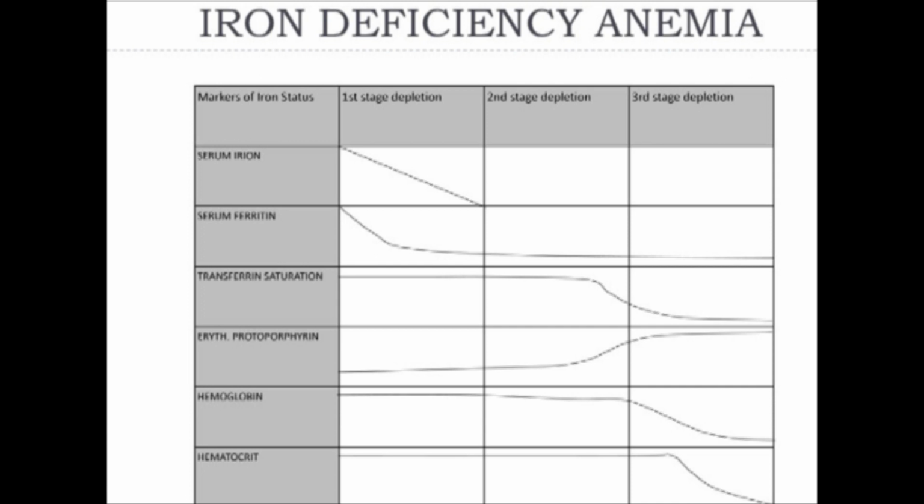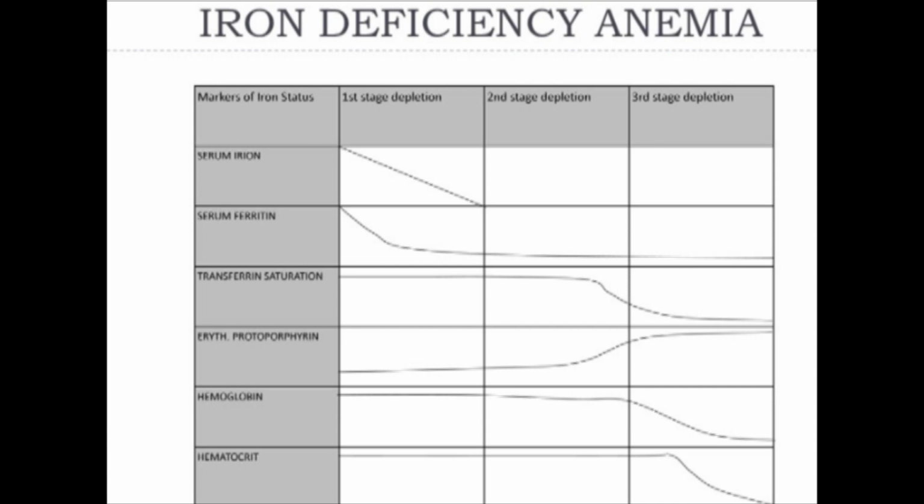You can see also that erythrocyte protoporphyrin tends to be at its highest in the third stage, or the stage of iron deficiency anemia, and hemoglobin also tends to be at its lowest in the third stage as well. Hematocrit, much like hemoglobin, will also tend to be at its lowest during the third stage.